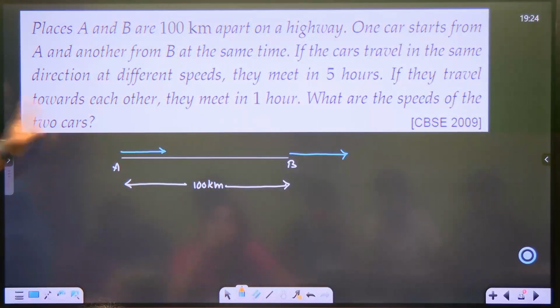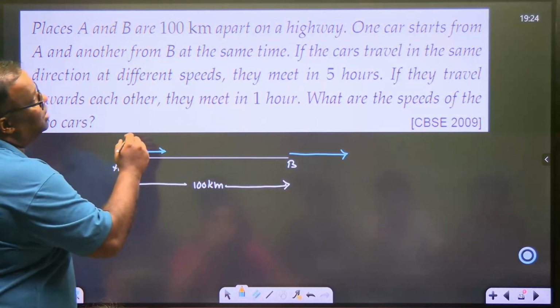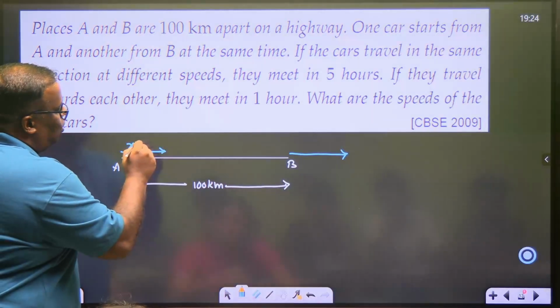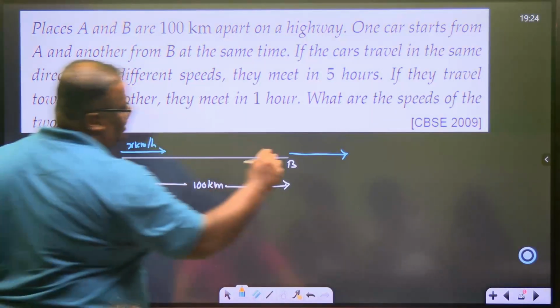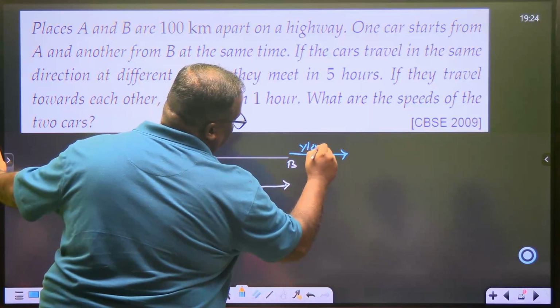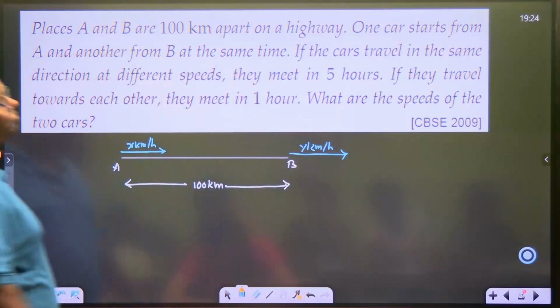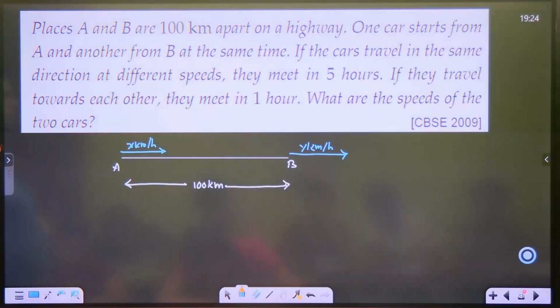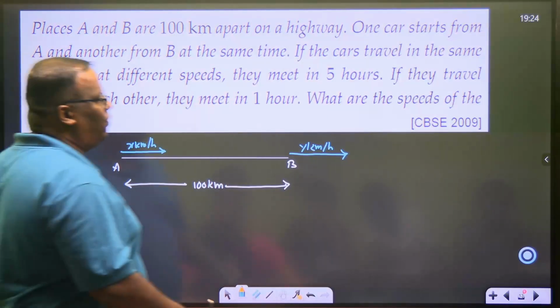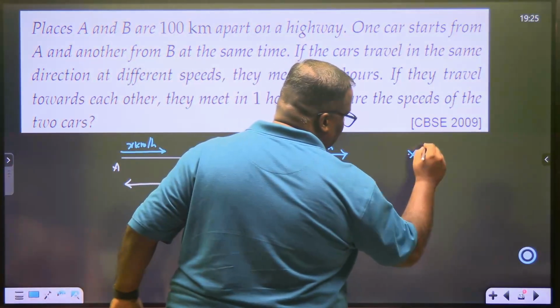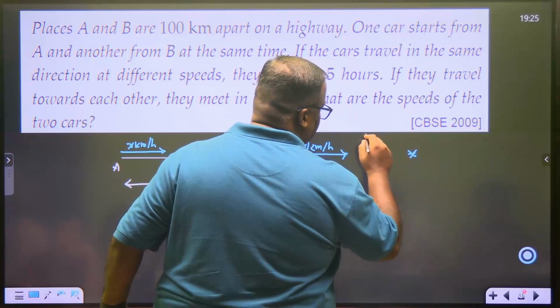Say this car is traveling at x kilometers per hour and this one at y kilometers per hour. If they travel in the same direction, they meet after 5 hours. Means after 5 hours, at some place, both A and B will meet each other.